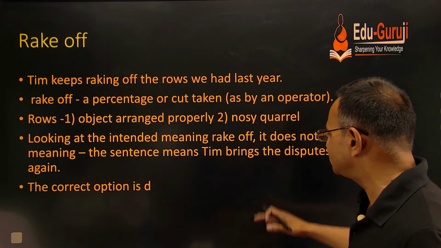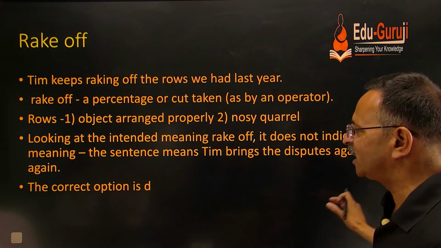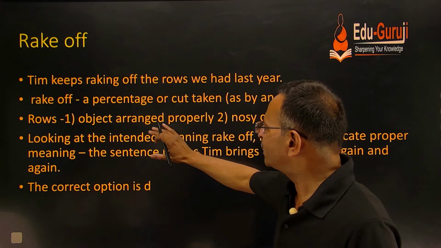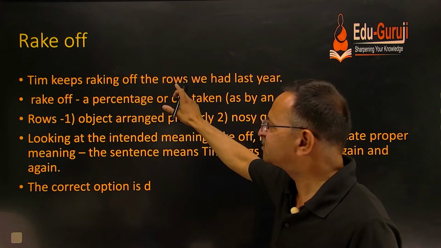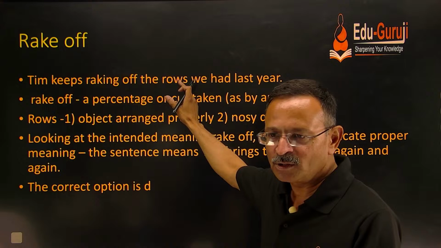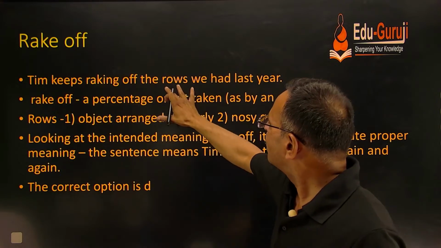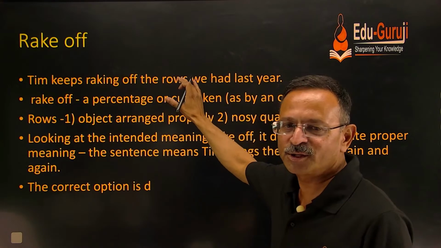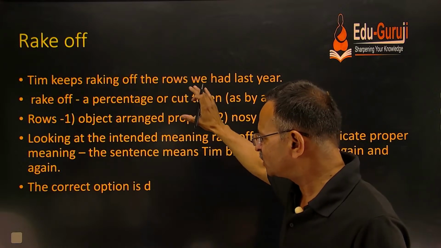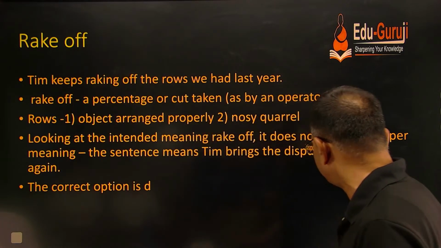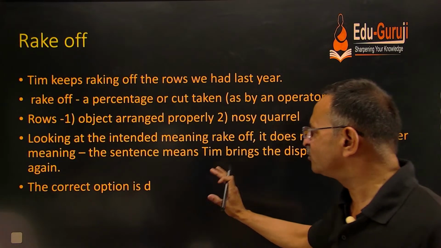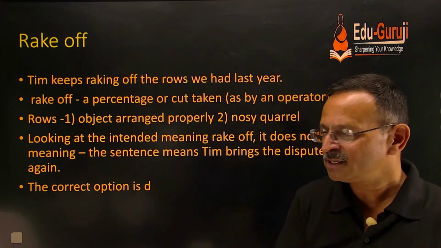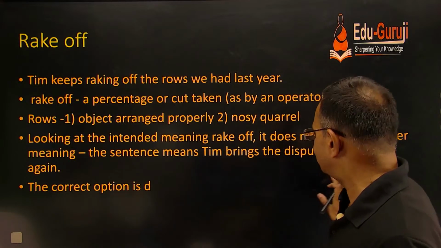The sentence means Tim brings up the dispute again and again. So "rack off rows" here means to have quarrels or disputes. This is the intended meaning. So the correct option is D, right?